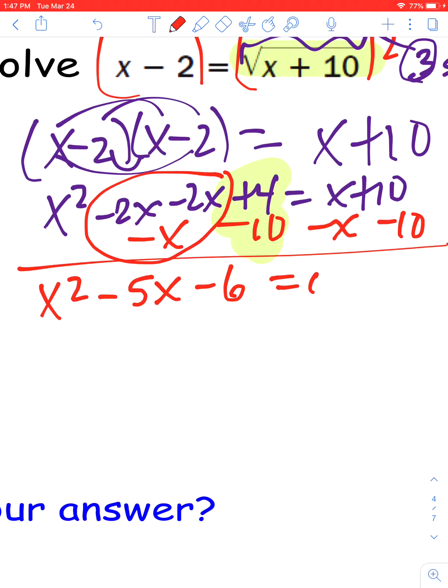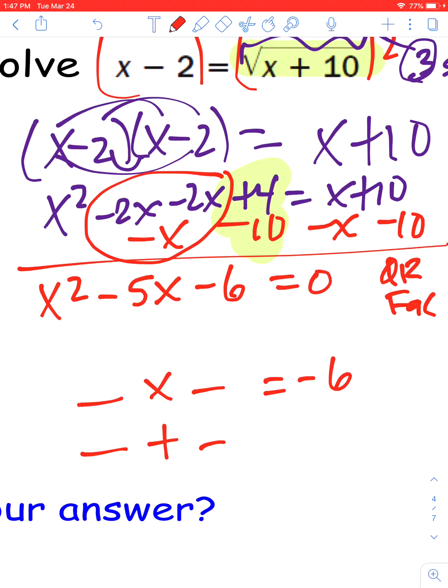You can use the quadratic formula, but I'm going to choose to factor. I need to think of two numbers that multiply to -6, but at the same time add to -5. Those two numbers are going to be -6 and +1. -6 times 1 gives me -6, and -6 plus 1 is -5.